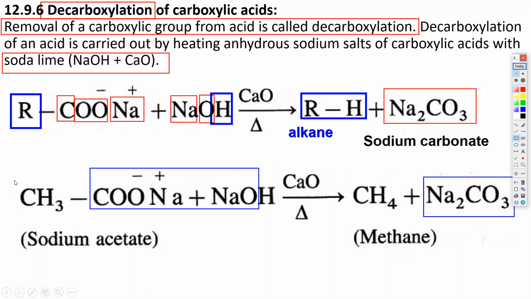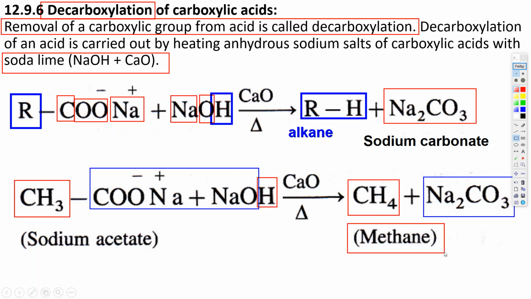The remaining part is the methyl group plus one hydrogen atom. So add this one hydrogen atom to these 3 hydrogen atoms, so CH3 becomes CH4. CH4 means this is methane. So sodium acetate, when heated with soda lime, will form methane and sodium carbonate.